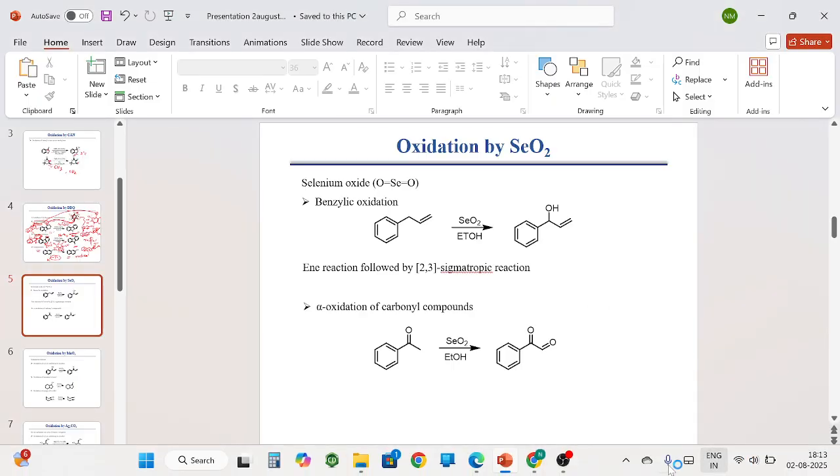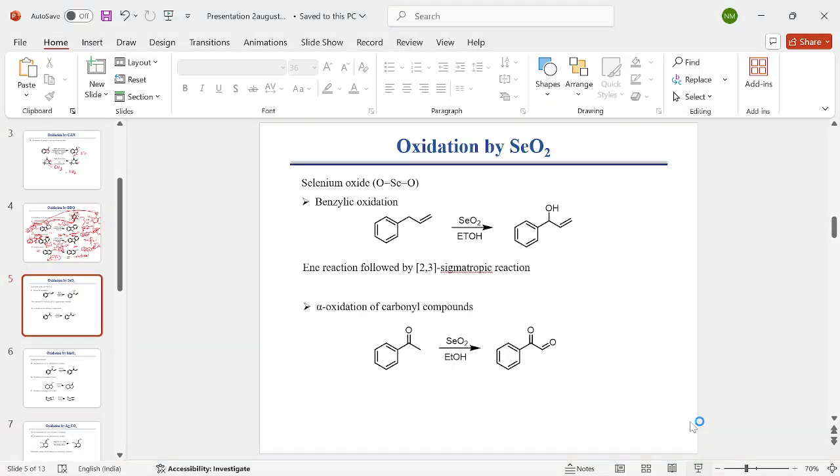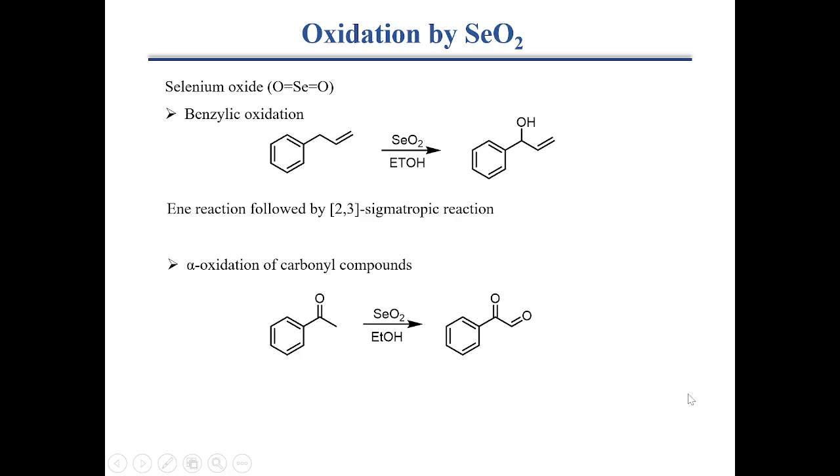In these cases also, the benzylic or allylic position is oxidized by selenium dioxide. It happens through an ene reaction followed by a 2,3 sigmatropic reaction.